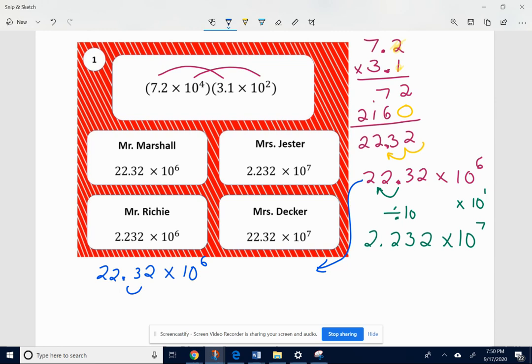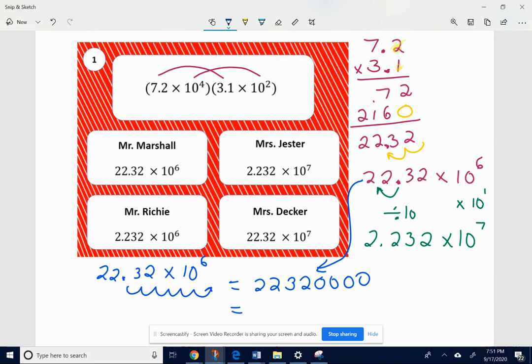To put that in standard form, I have to move the decimal 6 places to the right. That's going to leave me with 2, 2, 3, 2, and then 4 more zeros. So I just moved the decimal point 6 spaces to the right. Now I'm going to take that answer and put it into scientific notation.